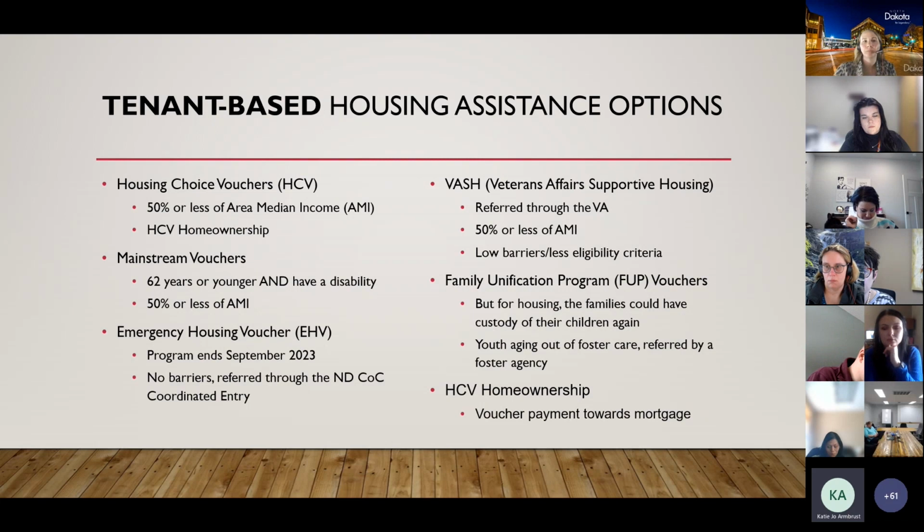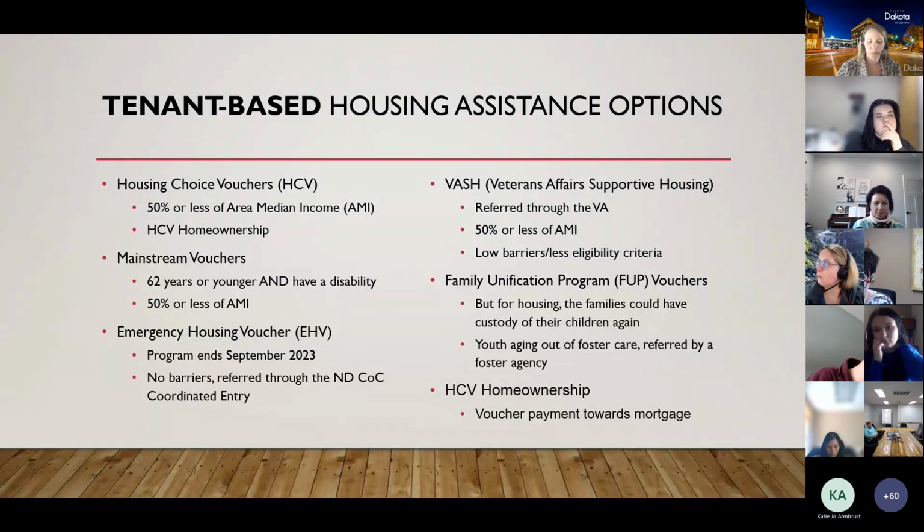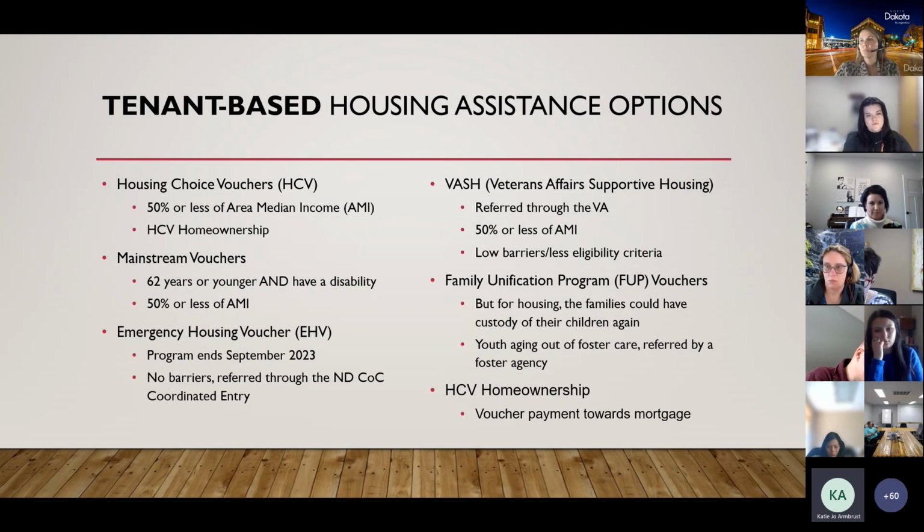With tenant-based housing, the Housing Choice Voucher Program is what you're probably most familiar with. It's also called Section 8, and that is our government's largest program for housing assistance. For Housing Choice Vouchers, you need to have 50% or less of area median income. During the application process, your housing authority collects information to verify your income, assets, all that good stuff, which allows the housing authority to ensure they're compliant with federal funding.